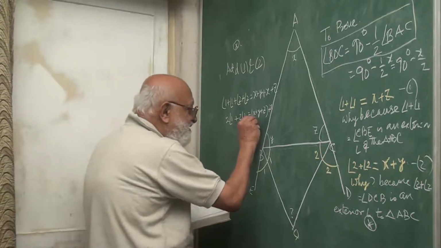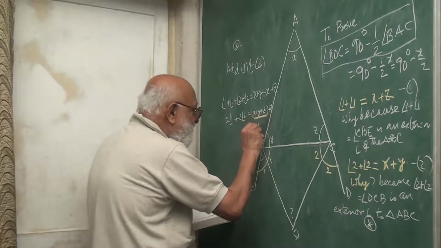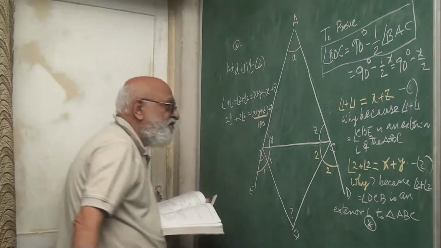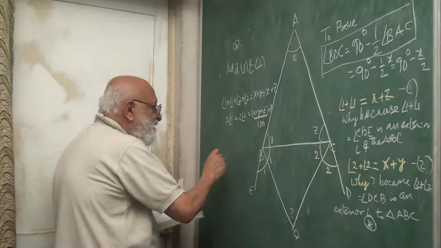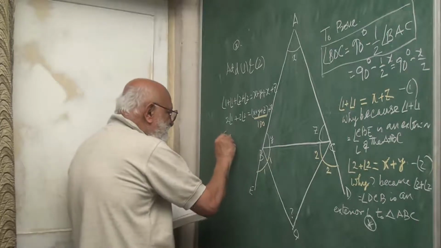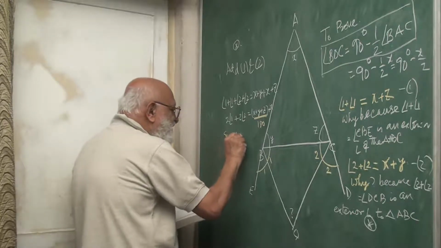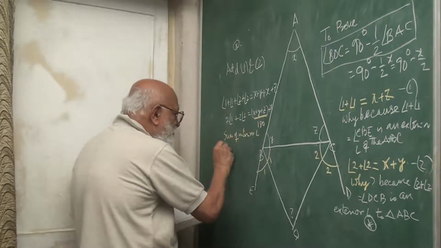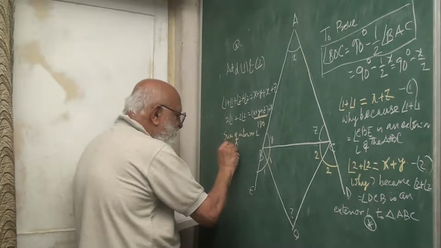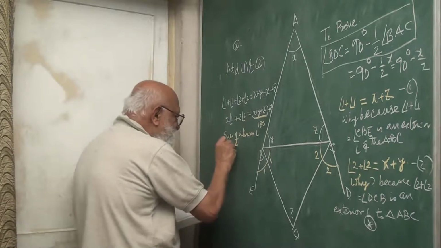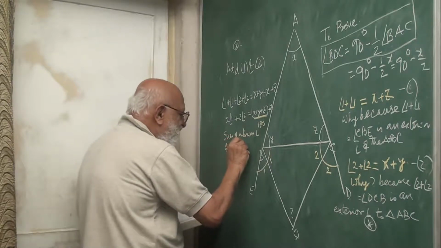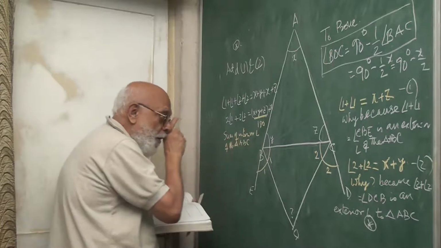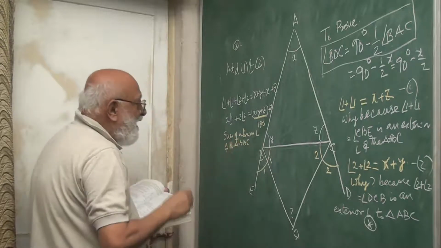I take this x, y, z and put it 180 here. Why? Because they are the sum of interior angles of the triangle ABC.